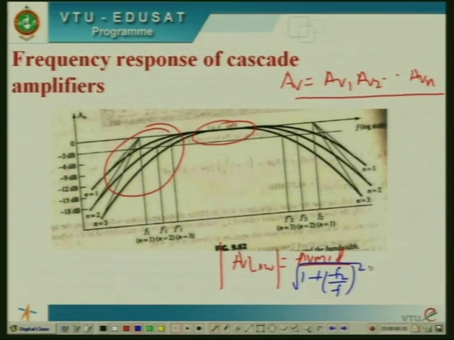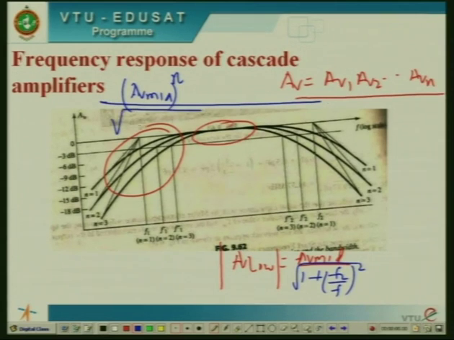If you substitute the magnitudes of this individual stage into this expression, then AV at low frequencies is given by AV mid, which is common, therefore we can write AV mid to the power of n, AV mid 1, AV mid 2, AV mid 3 and so on, and then divided by the frequency response, which is given by the square root of the first stage, FL1 by F, into the square root of 1 plus FL2 by F and so on.